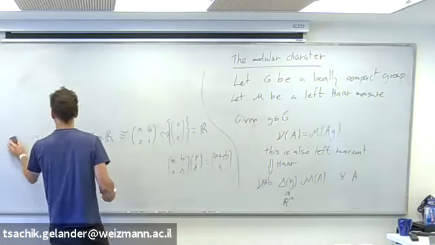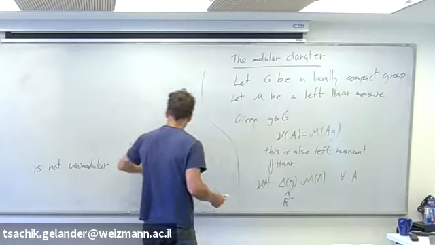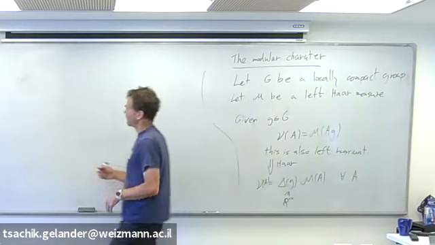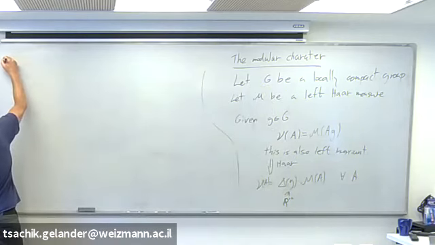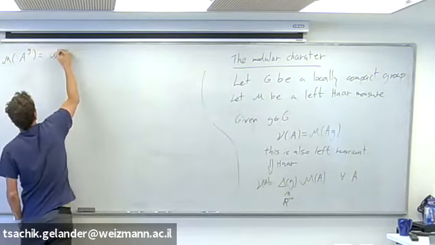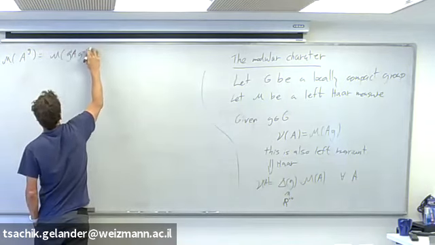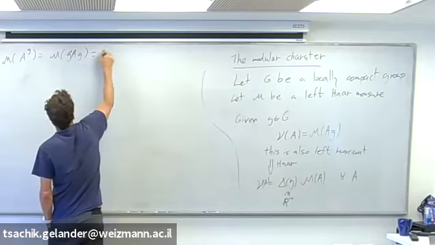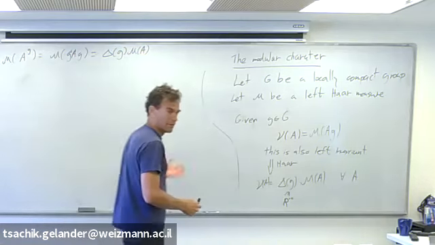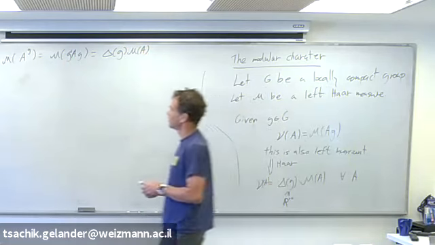It's written that mu of A g, or mu of g inverse A g, is delta of g times mu of A. And then you see that delta is a character.